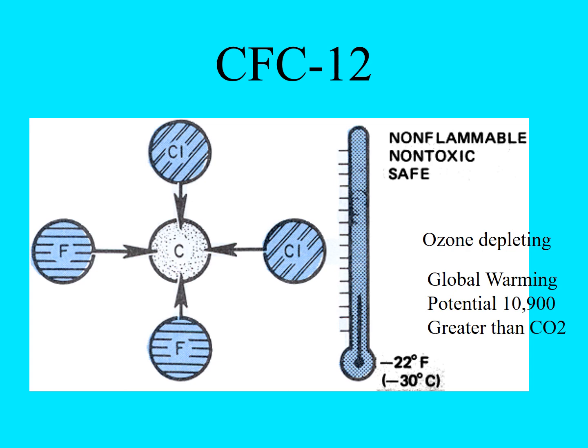So CFC 12, R12, sometimes you've heard of it referred to as Freon, okay, and it has a boiling point. In other words, it wants to be a vapor at minus 22 degrees Fahrenheit. So refrigerants want to be a vapor.